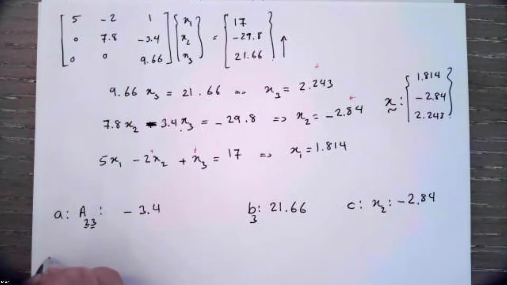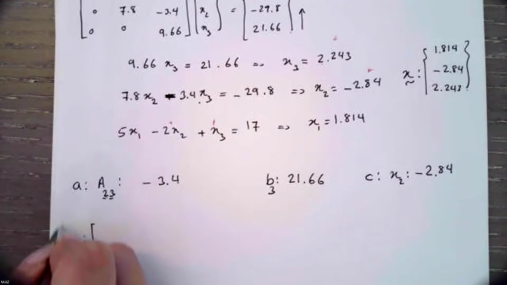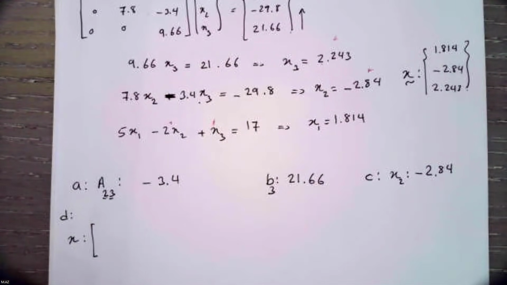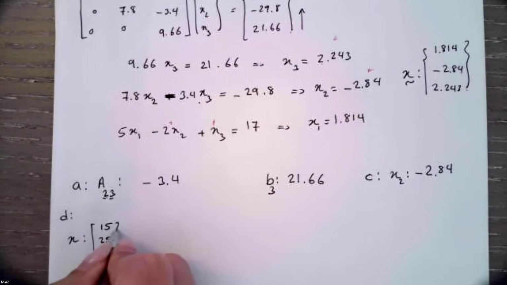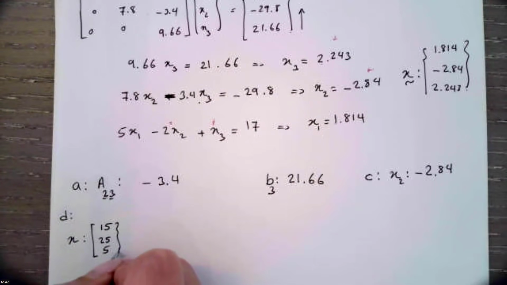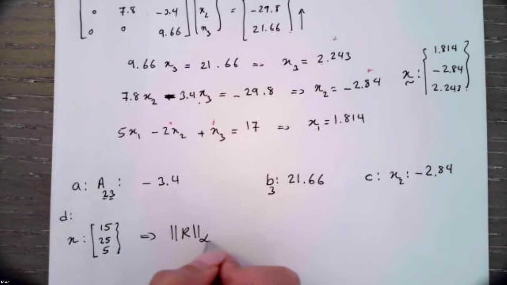For question D, one solution is given. Suppose someone used the Gauss elimination method and computed the solution to be the vector x as 15, 25, and 5. And using the infinity norm to calculate the norm of the residual vector, we have to find the infinity norm of the residual based on this answer.